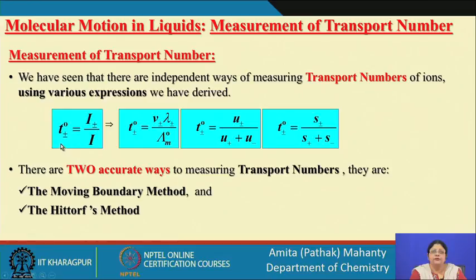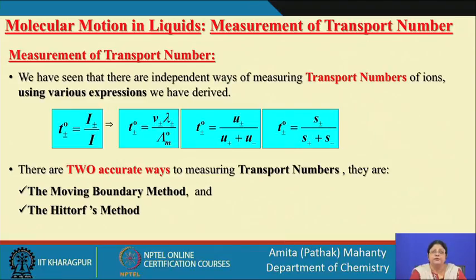Similarly, if we have the subscript minus, that means corresponding to the anion, then it will be the current carried by the anion. Here it will be the ionic mobility of the anion and the number of anions generated per mole of the electrolyte. Here will be the ionic mobility of the anion. So, will be the ionic speed. Okay.